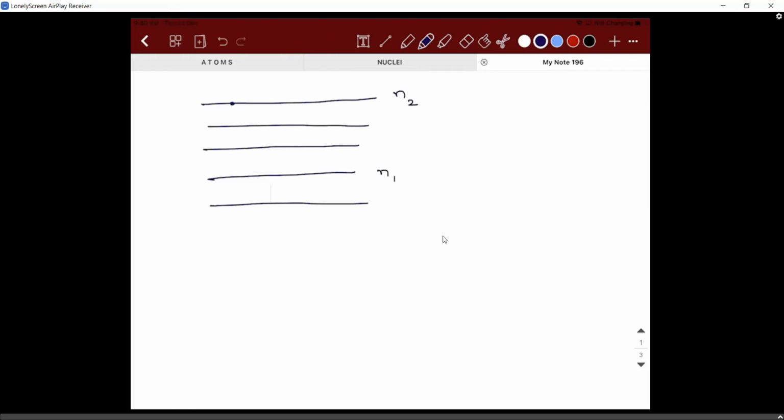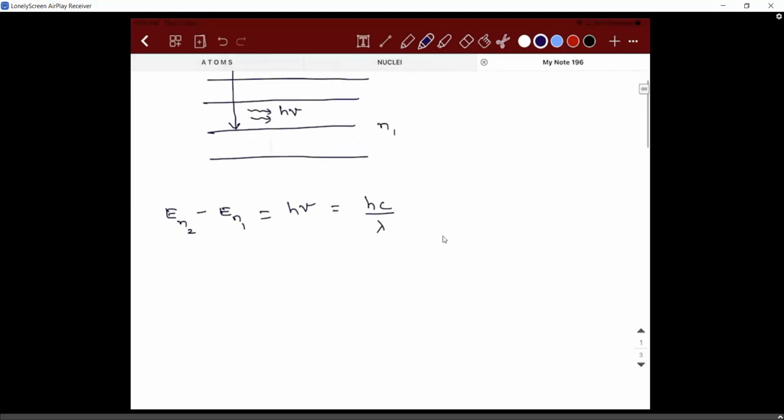When the electron jumps from a higher to a lower orbit, some amount of energy is released, which I call h nu. So the energy of the electron in the N2 orbit minus the energy of the electron in the N1 orbit results in the electromagnetic radiation h nu, which I'll call hc by lambda. Right, the Bohr frequency condition.